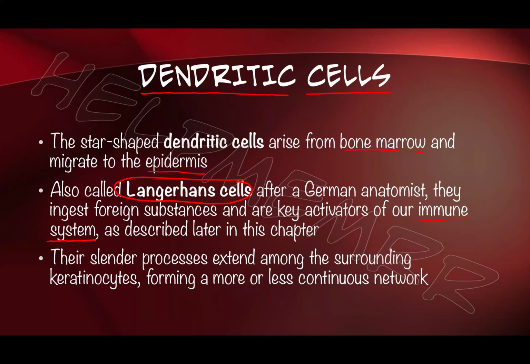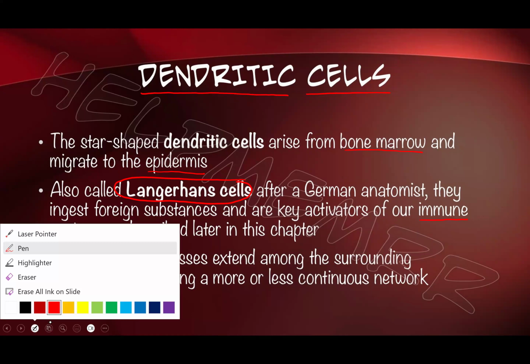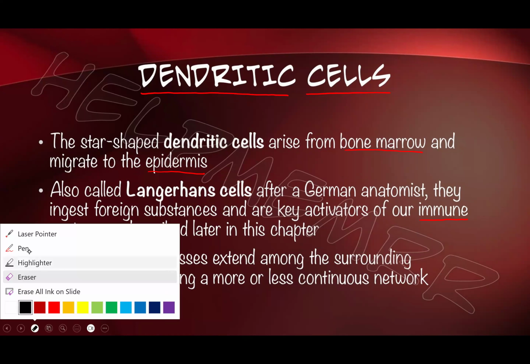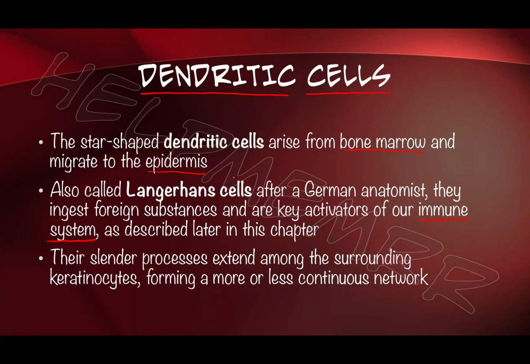Remember, I told you these are the guys that are going to go and essentially eat whatever foreign particles are not supposed to be there. That's what the Langerhans cells do. They go around these keratinocytes. You can see them kind of being the police of the layers.